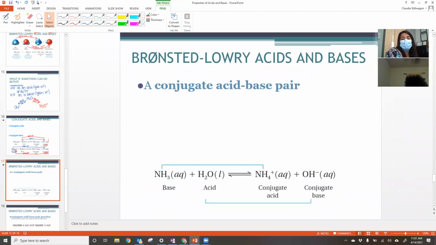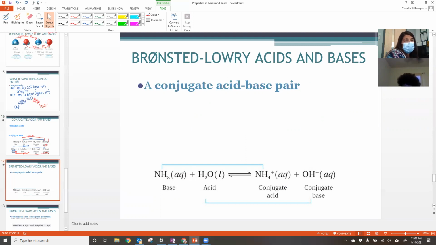All right, so what you can see in this example down below of ammonia reacting with water, something called a conjugate acid base pair. That is represented by that blue line. Your acid is always paired with a conjugate base.